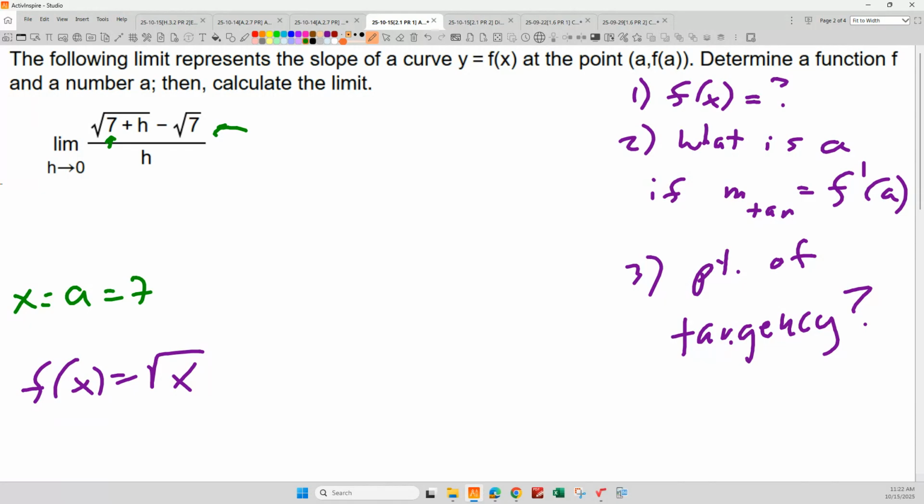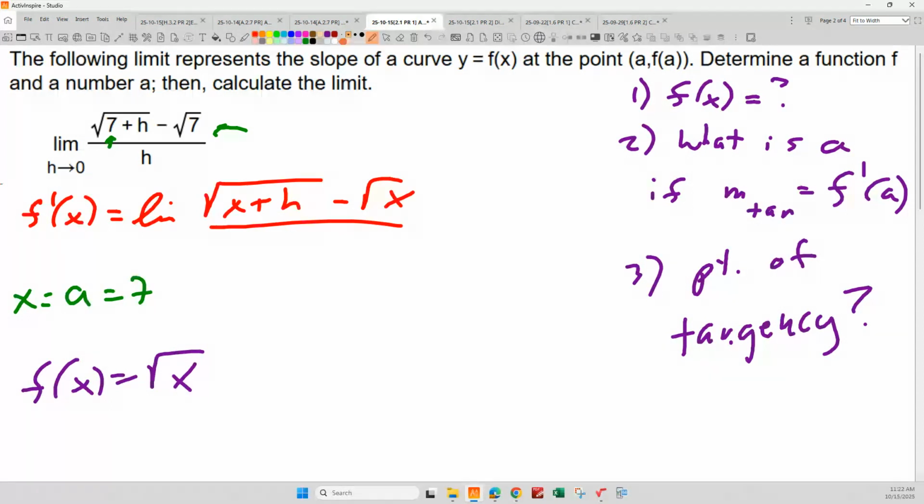Everybody see that? So really, what have we done here? We've done two things. We said that f prime of x equals the limit of square root of x plus h minus square root of x over h as h approaches 0.